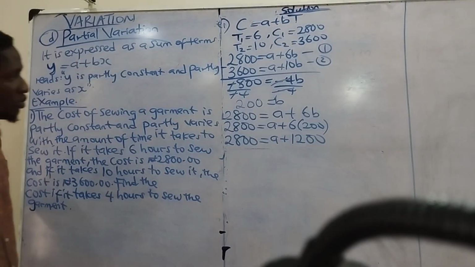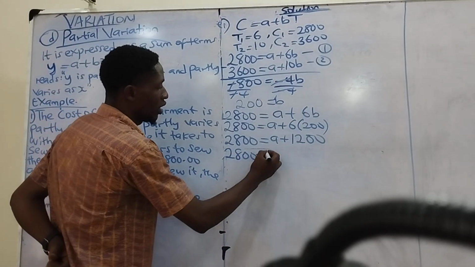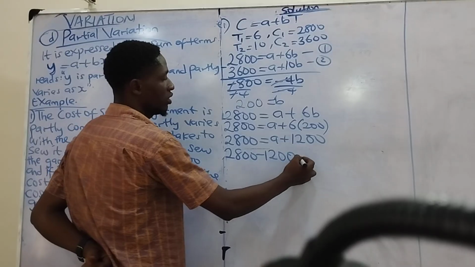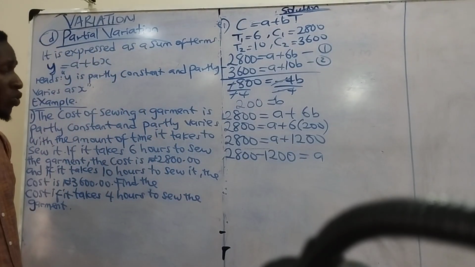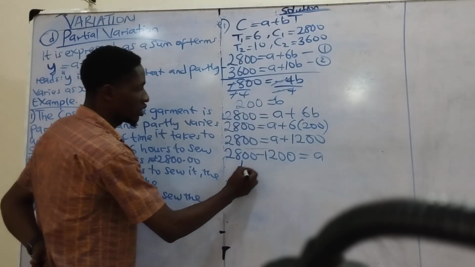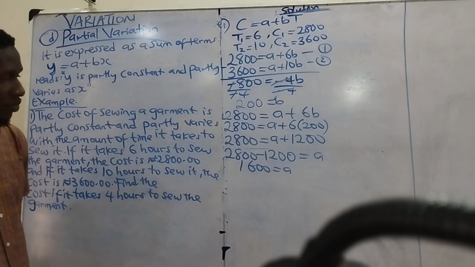Collect like terms. 2,800 minus 1,200 is equal to A, which should give us 1,600. And that is the value of A.